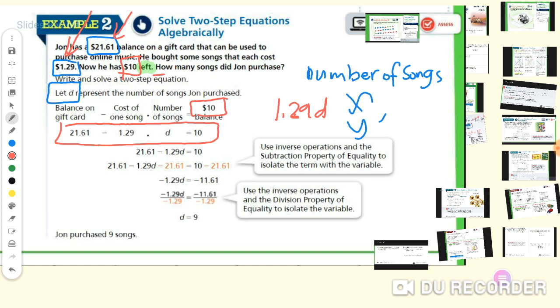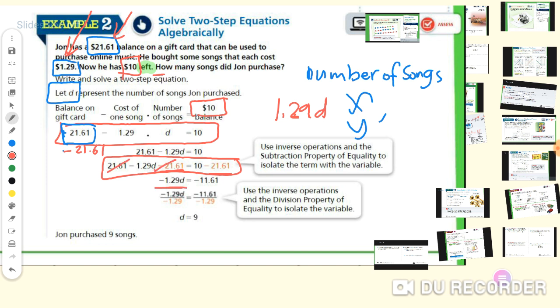Okay, I need to finish the problem, so I will subtract this number first. As I told you before, this is positive. So I will subtract 21.61 from both sides. This one with this one will remain 0.